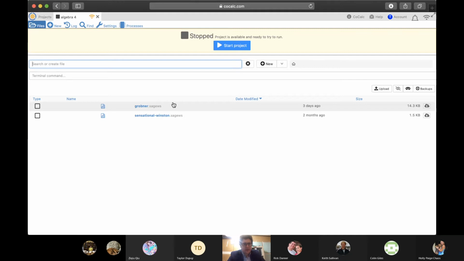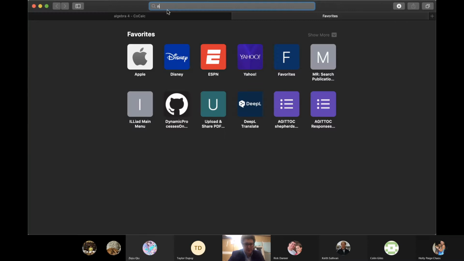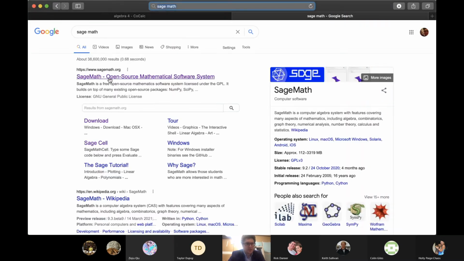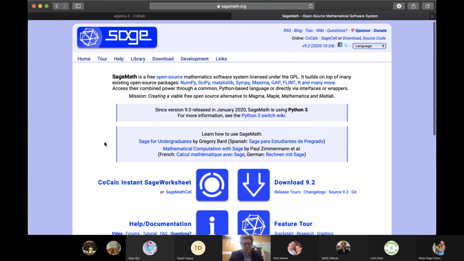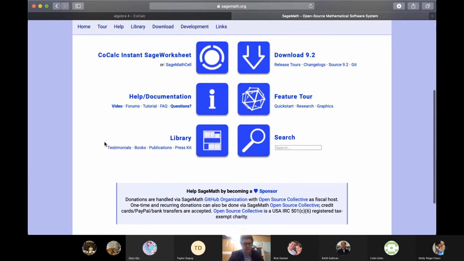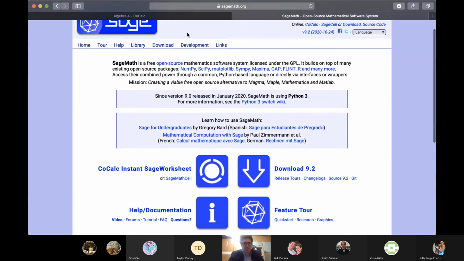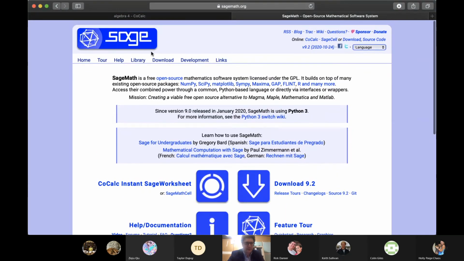So you guys, can you see my CoCalc window now? Yep. So if you go to CoCalc, you can make a web page. This is an open source version of SageMath. Sage is this open source software for symbolic computing, and what you can do is look to see if Sage has functionality for polynomial division.